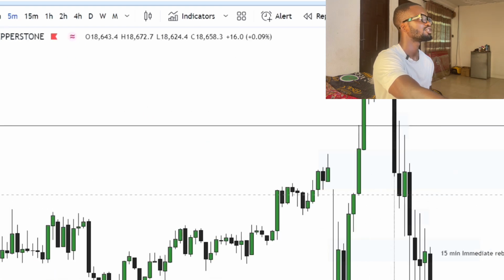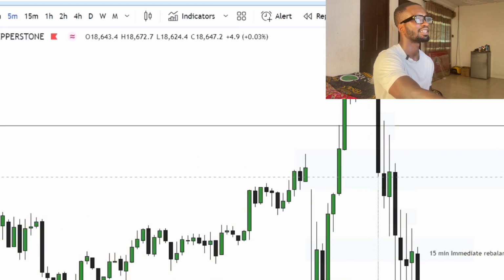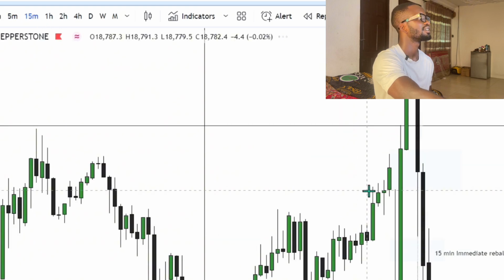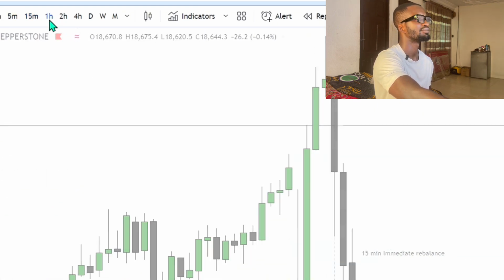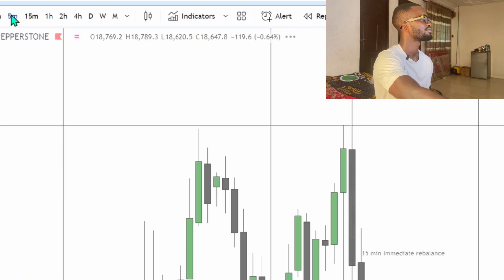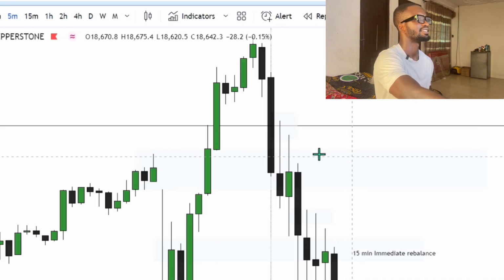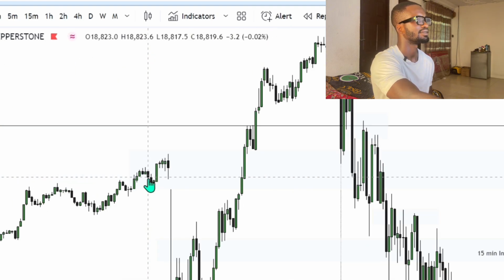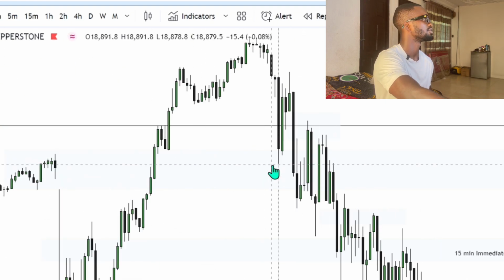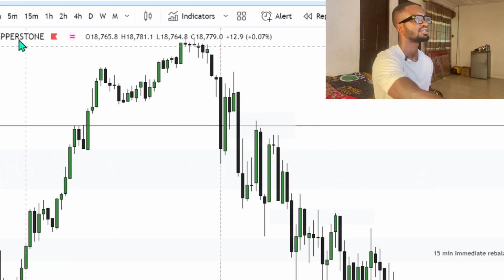I looked for confirmation on the other time frames. Let me show you where I got my confirmation from. See this box? I didn't highlight it, but I'm going to show you. Where did this box come from? Is it the 3 minutes?